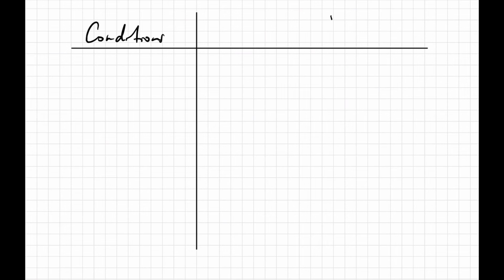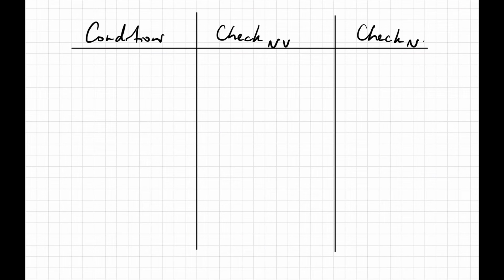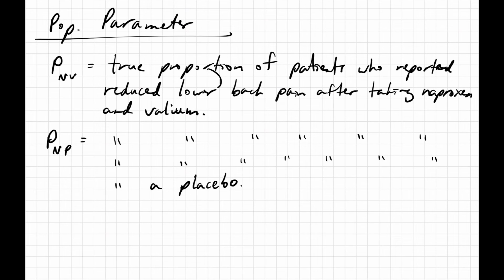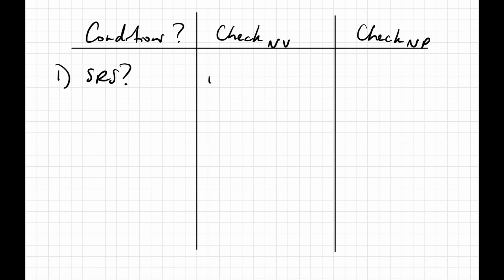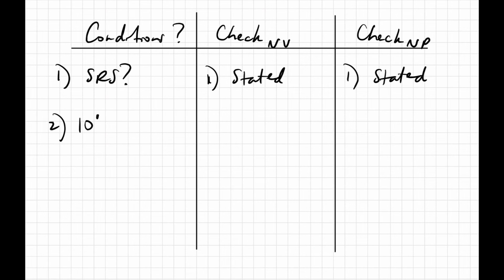I'm going to have two checks: a check for NV, and a check for NP. Okay, so sample, stated. How about the other sample? Okay. Step 2, 10% condition.